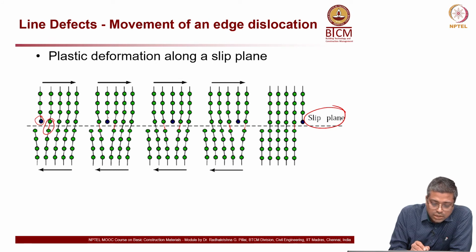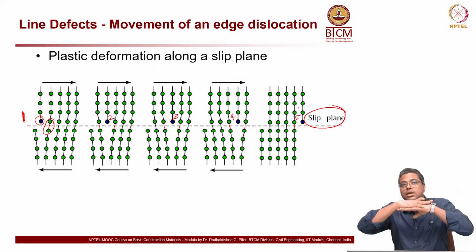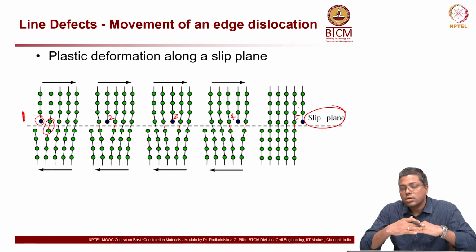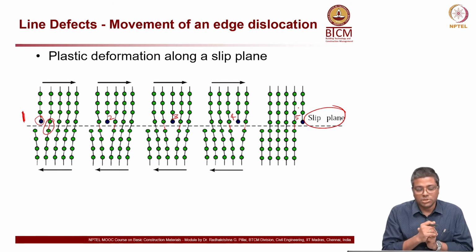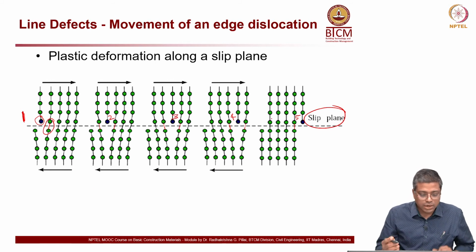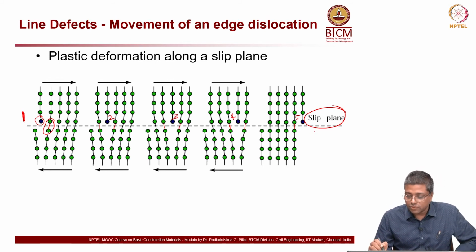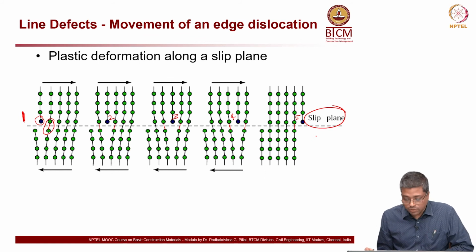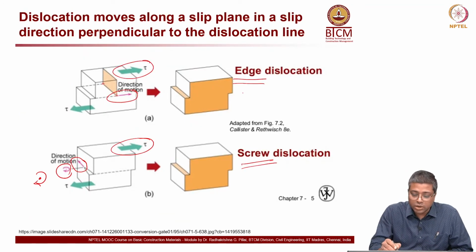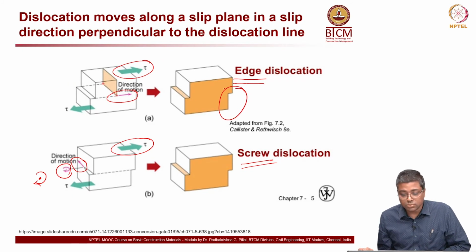This blue atom in the first case was in the first plane on the top, and now it is moving to the second plane, then the third, then the fourth, and then the fifth plane. So, the material has slipped by about one position. You can see that it is very similar to a shear behavior, like what I showed here.